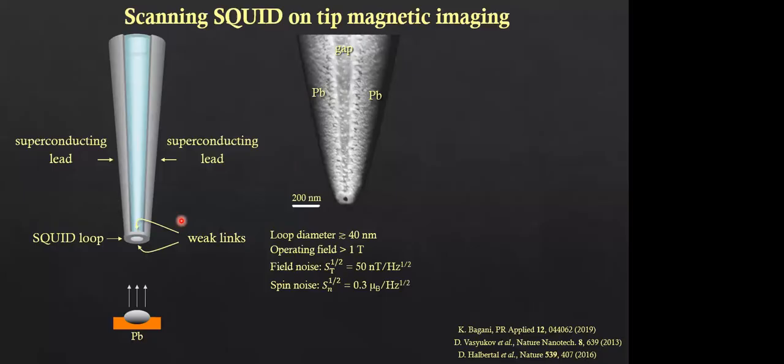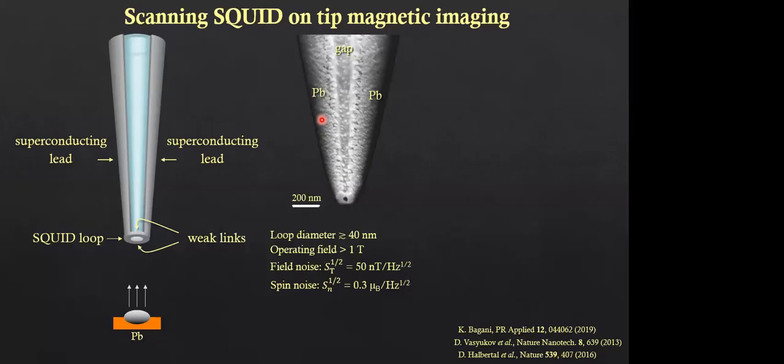So to make it stick, we cool down the glass pipette using liquid helium to about 4 to 6 Kelvin, and then we deposit the material on top so that the film sticks and forms a superconducting lead. Yes, we can also do it using sputtering, but not with lead, with some other material.